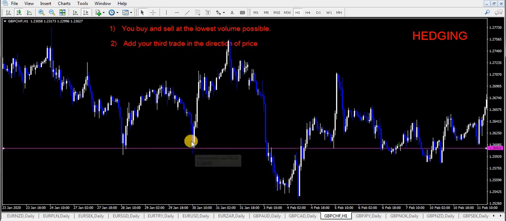Let's say you took a buy at this level. Now instead of taking the second sell immediately, you can wait for the market to come down a little bit before you take a sell, so that your deficit might be 0 or nothing, or maybe half a pip, like 5 points, or nothing at all.